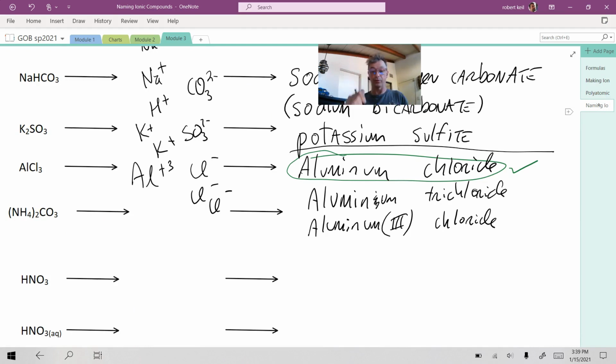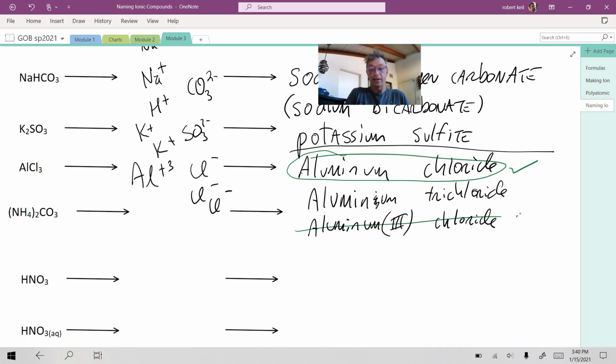Don't put down aluminum 3. And then you'll say, this is incorrect. So I will mark, I'm going to say it's not correct. Aluminum 3, not supposed to put it down, but it's not really that bad. Earlier when I said if you write sodium 1 or potassium 1, don't do that. But it's not wrong. It's just kind of extra stuff that maybe you don't need.